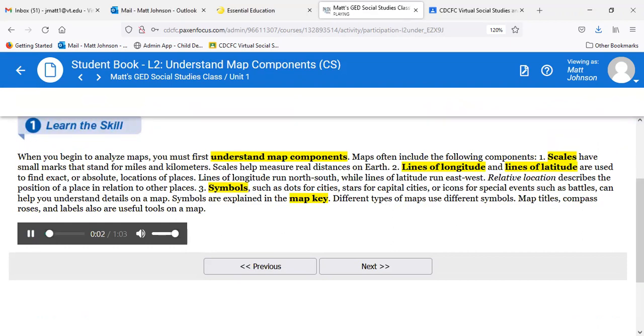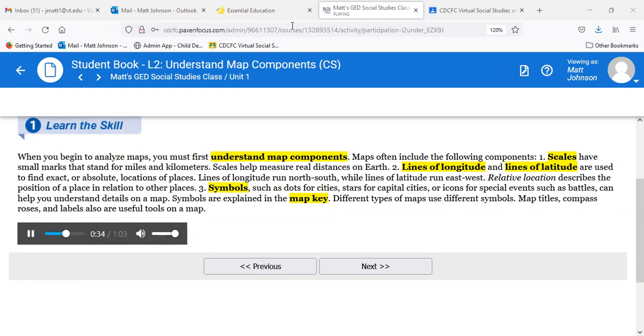When you begin to analyze maps, you must first understand map components. Maps often include the following components. 1. Scales have small marks that stand for miles and kilometers. Scales help measure the real distances on Earth. 2. Lines of longitude and latitude define exact or absolute location of places. Lines of longitude run north-south, while lines of latitude run east-west.